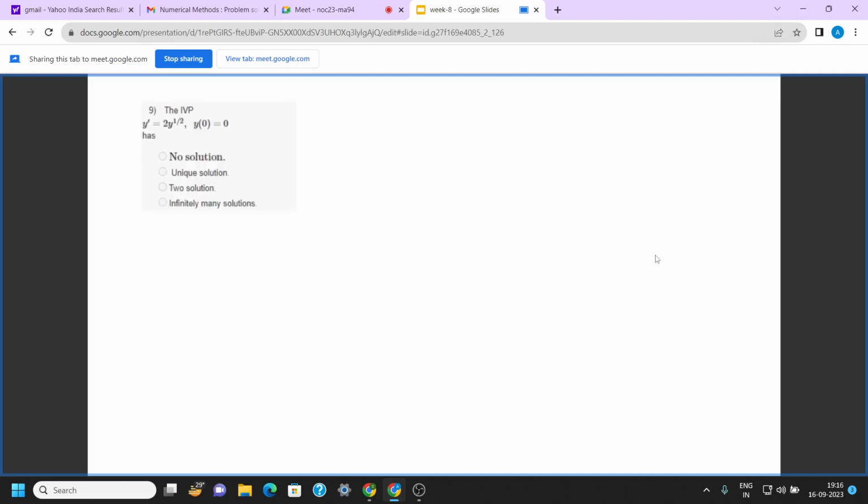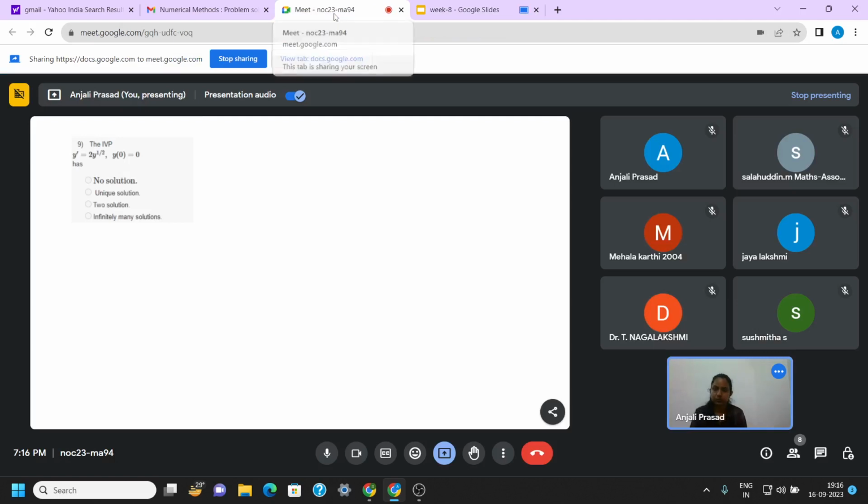So question number 9: the IVP y dash is equal to 2 into y to the power half, y of 0 equal to 0, has. Find out whether it has no solution, a unique solution, two solutions, or infinitely many solutions. Are you getting no solution, unique solution, two solutions or infinitely many solutions?